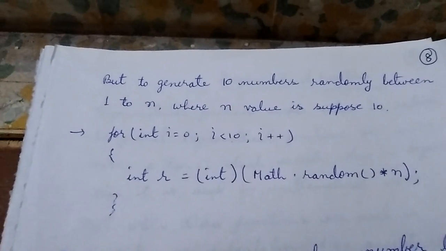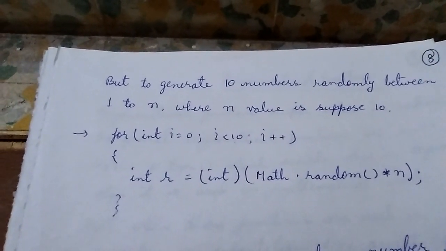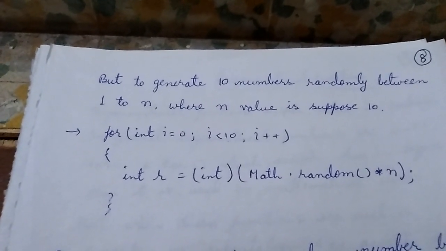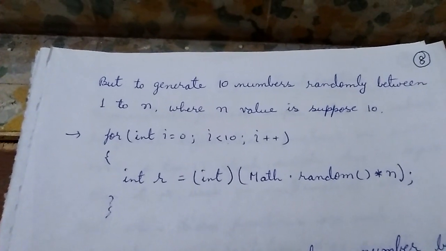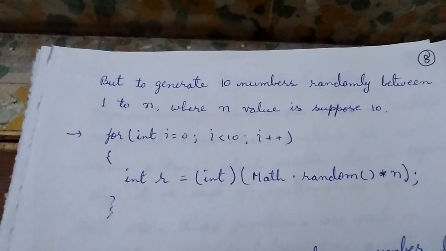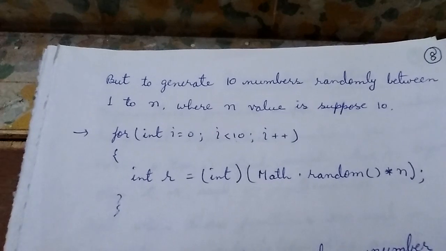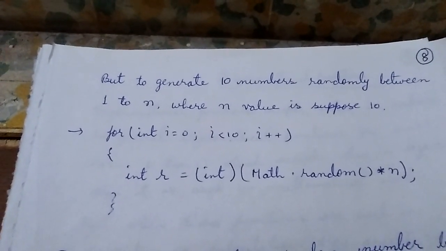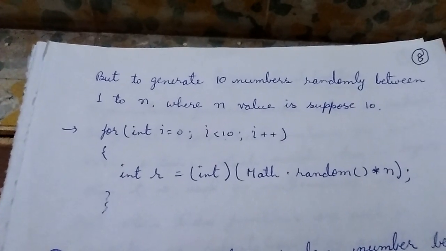Ten digits will come ranging between 1 and 10 because n is 10. Suppose I take n as 50, then 10 numbers will come randomly ranging from 1 to 50.